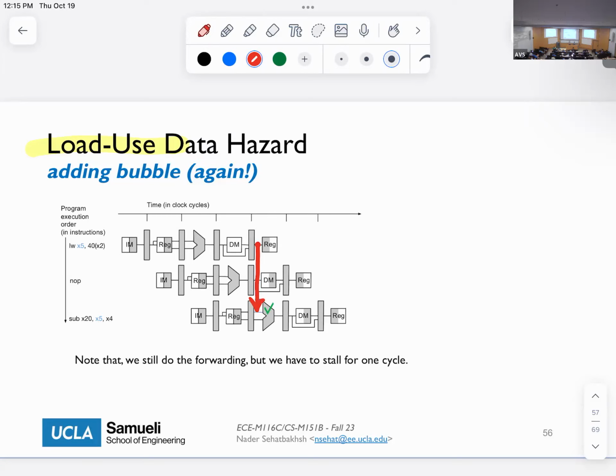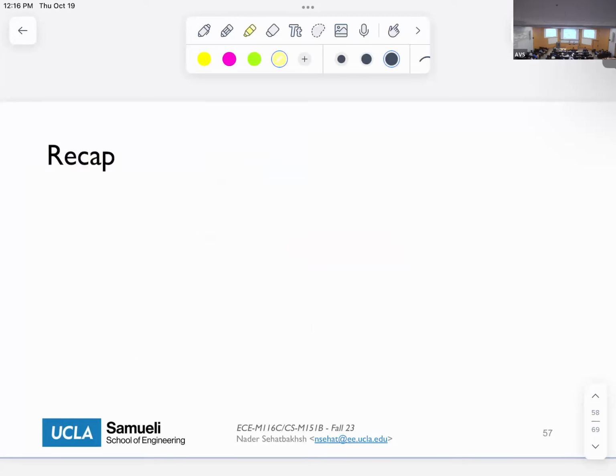So we stall only for one cycle, and then we do the forwarding from the input of the register file back into the ALU source, okay? So kind of the combination of two things. In register type data hazard, we do forwarding. We don't need to do any sort of stalling. For load use data hazards, I need to do forwarding, and I still need to do the stall, okay?